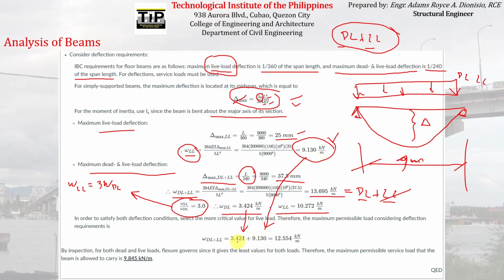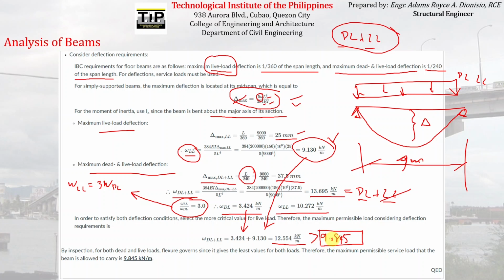Okay, so their sum is equal to 12.554, which is again greater than the governing load a while ago for flexure, which is equal to 9.845. Okay, so still we can see that the load from the flexure checking will still govern.